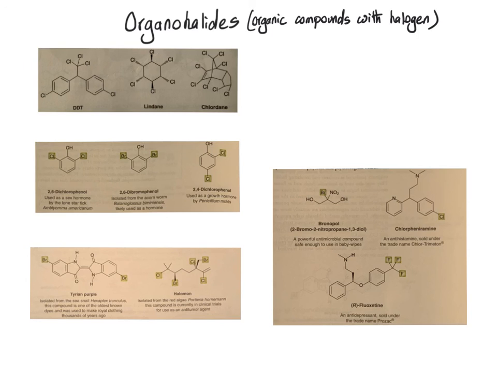For example, many of them are toxic and used as insecticides. Many of them act as hormones, like these three examples. Many of them function as dyes. Many of them have clinical applications.